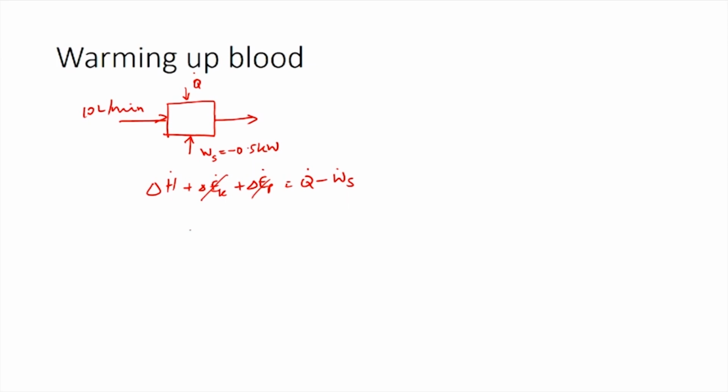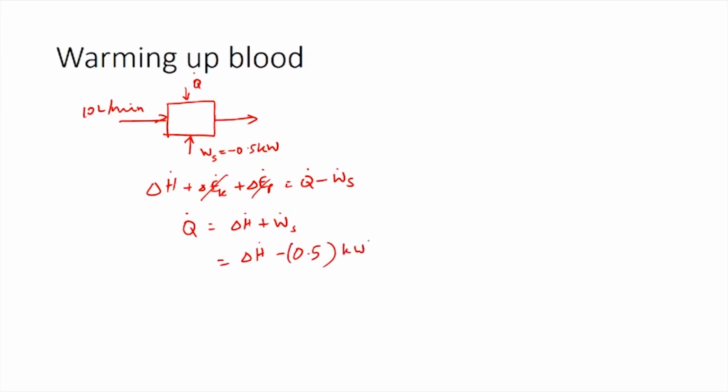Because of this, the equation simplifies to Q dot equals delta H dot plus Ws dot. Now we need to calculate delta H dot. Ws dot is already given to us, so Ws dot can be entered as minus 0.5. So, the value for Q dot would be delta H dot minus 0.5 kilowatts.